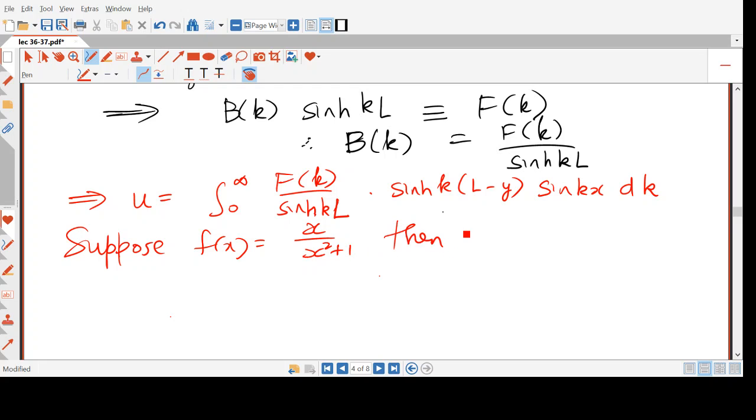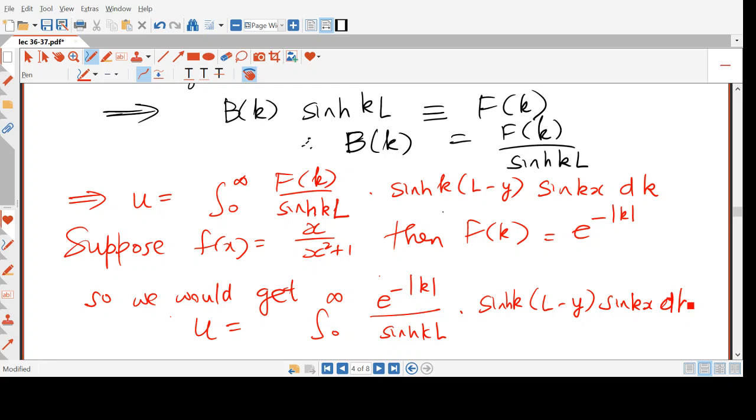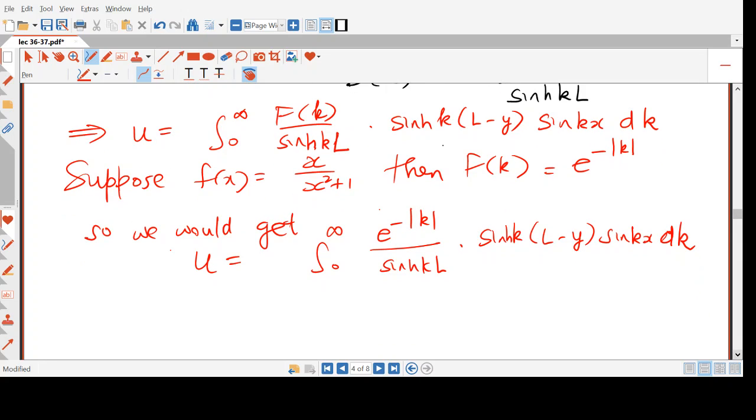And we know that F of k in this problem here would be e to the minus absolute k. So we would get the solution u is the integral from 0 to infinity of e to the minus absolute k over sinh kL, times sinh k into (L minus y) sine kx dk. And this would then be the final solution that we require.